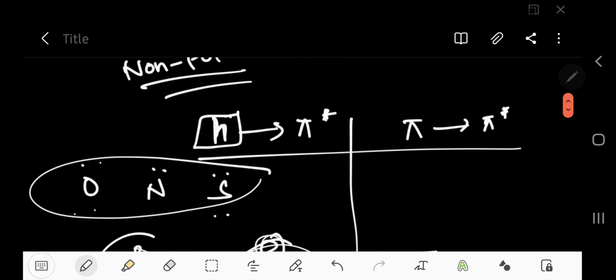So if the molecule contains oxygen, sulfur or nitrogen kind of elements, then there is a possibility of getting an n to pi star transition. It absorbs energy as the non-bonding electron gets excited to the pi star level.